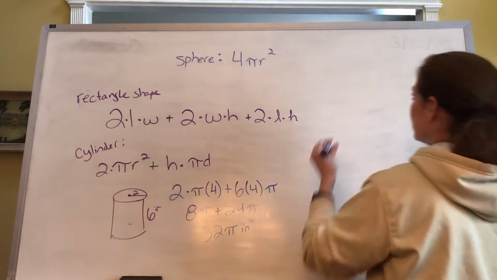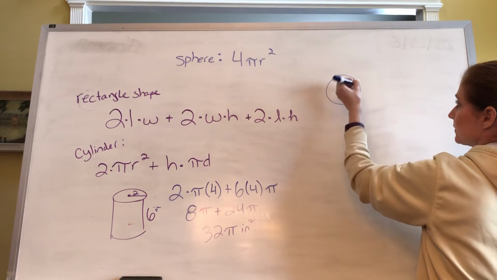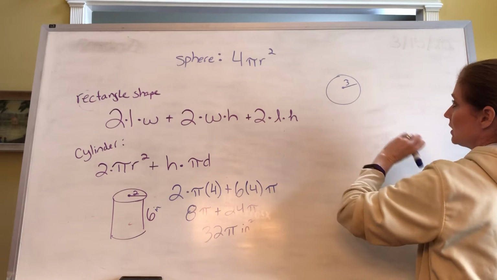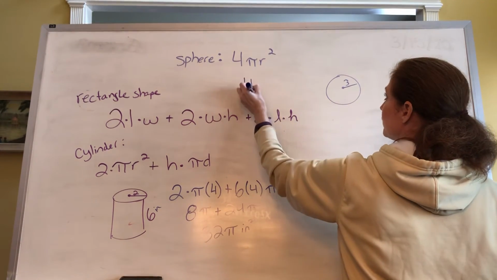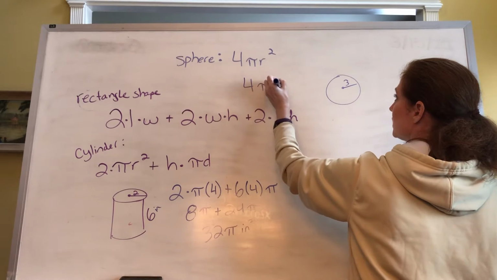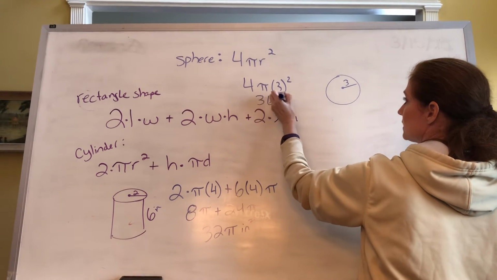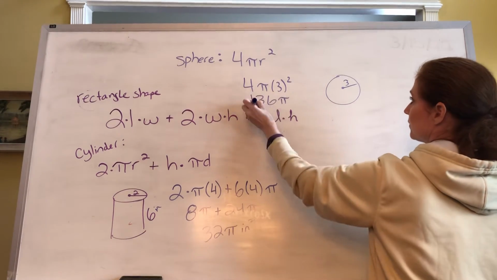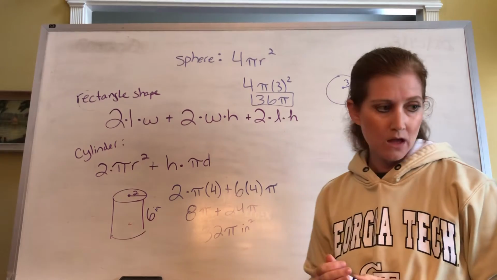So if we had a ball shape and that radius, we'll say is 3, then the surface area of the sphere is going to be 4 pi 3 squared, 36 pi. Okay. All right.